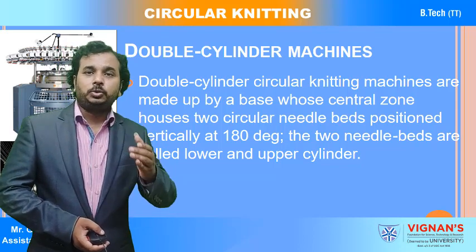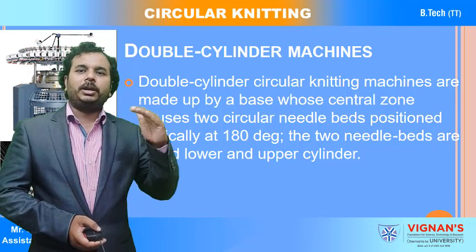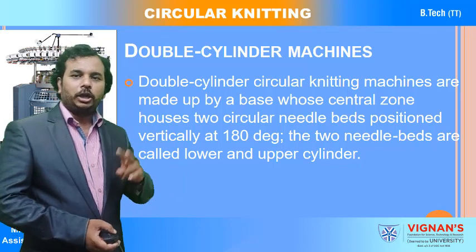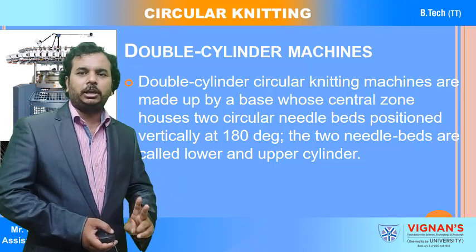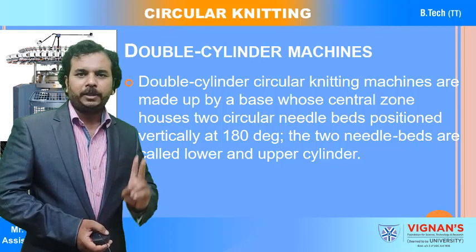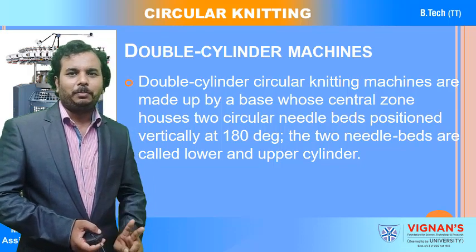That is why the two needle beds are called the upper cylinder and the lower cylinder. Two circular needle beds are used, which is why it is called a double cylinder machine.